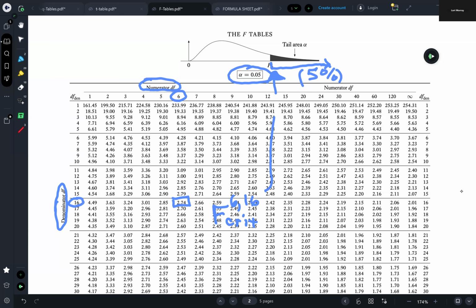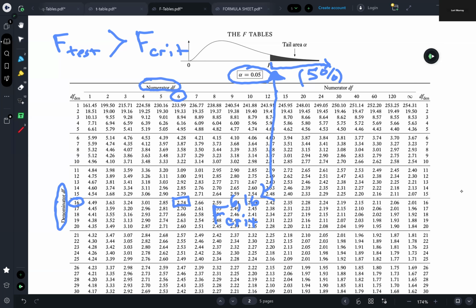And that critical value would line right up with that point. And so if the F test statistic from our formula sheet, depending on what test we're doing, or what method, if it's regression or ANOVA, is greater than the critical value, then that means it's in our rejection region, it's in the shaded region, and we would reject the null hypothesis and accept the alternative hypothesis, right?